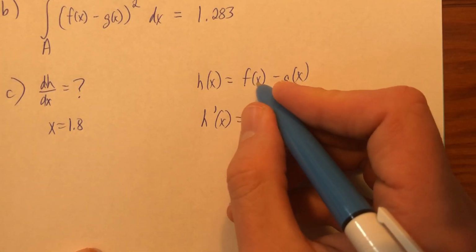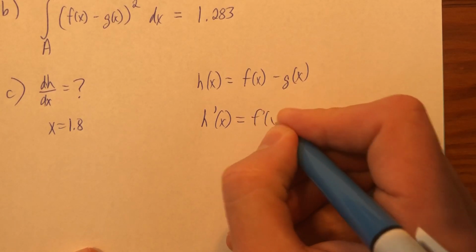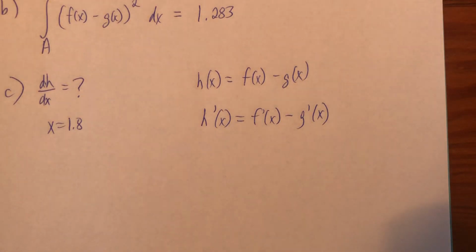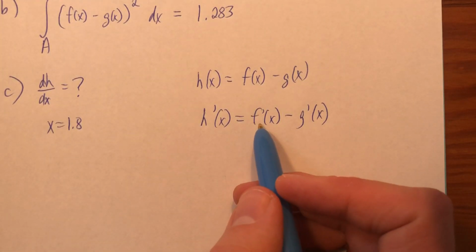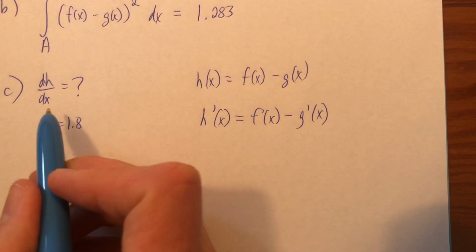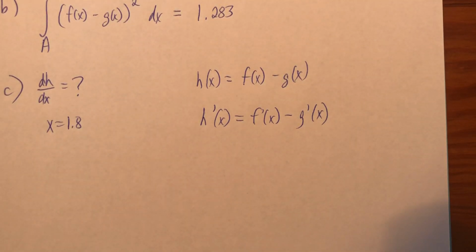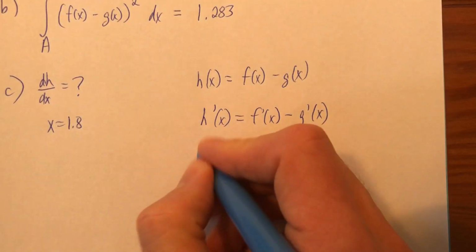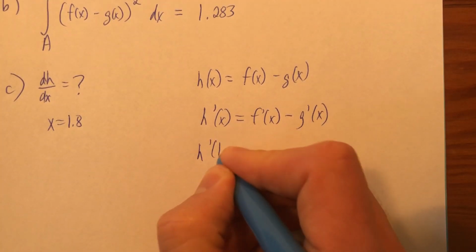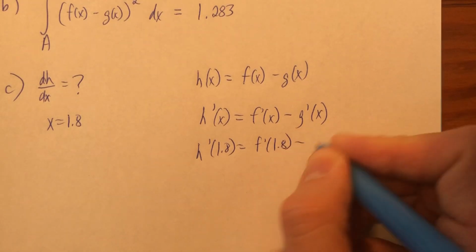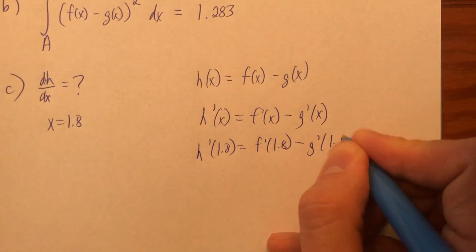The derivative of f is f prime, and the derivative of g is g prime. We get in this habit of dh/dt, df/dt, dg/dt, but this isn't t, this is x. I want to know what happens at 1.8. So h prime of 1.8 is equal to f prime of 1.8 minus g prime of 1.8.